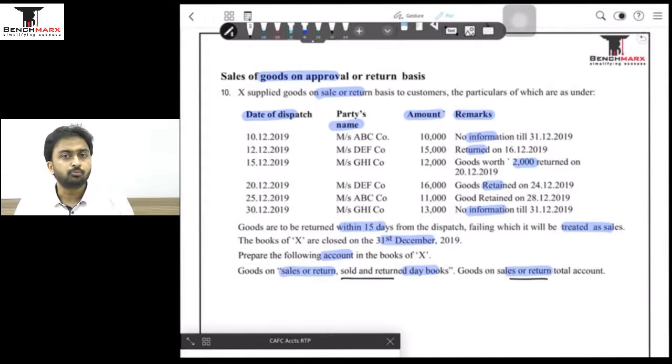Note that these books are more like my memorandum books. They are not being entered in my journal or in my main books of accounts. They are more like my memorandum or rough books.